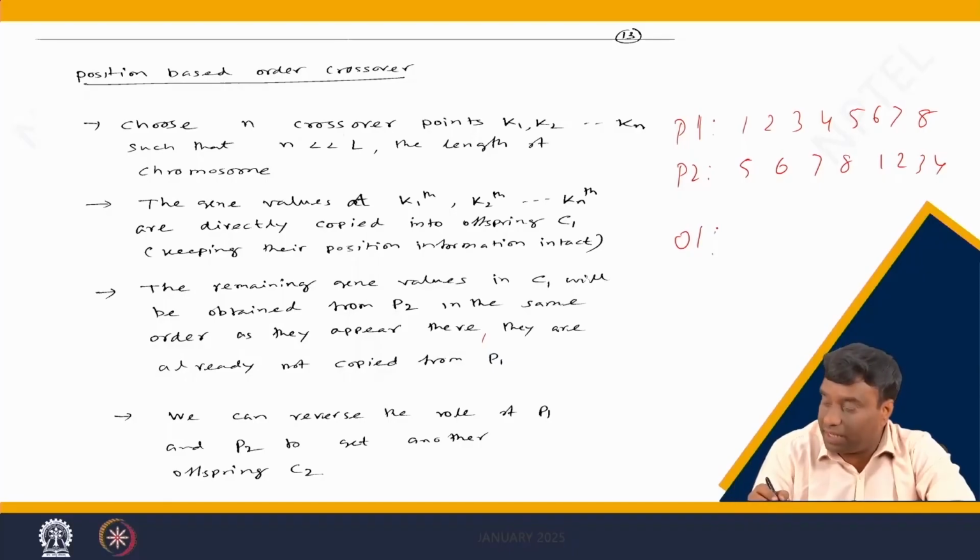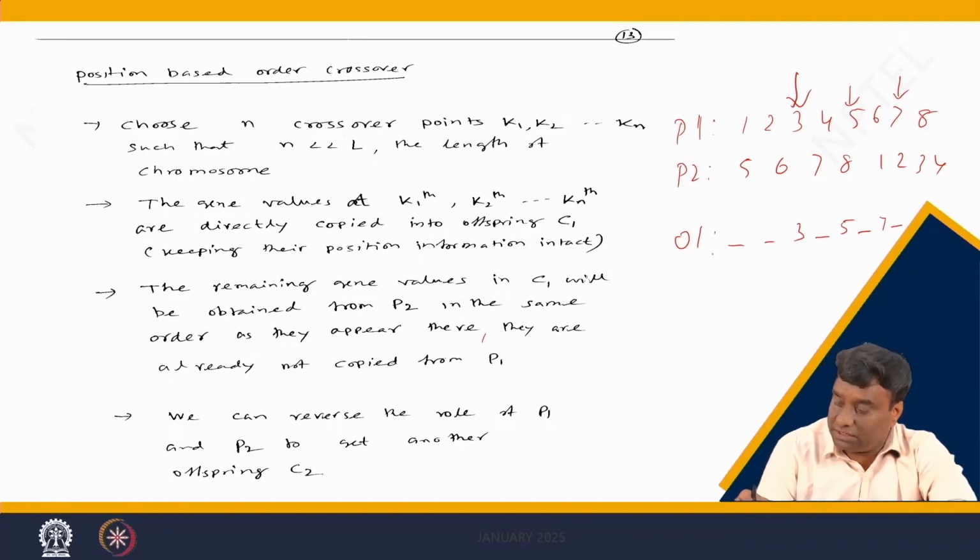We keep the genes at these positions intact: 3, then 5, then 7. They will be copied exactly, so it is 3, then 5, then 7, and the remaining positions are left blank. The remaining will be copied from the other parent.